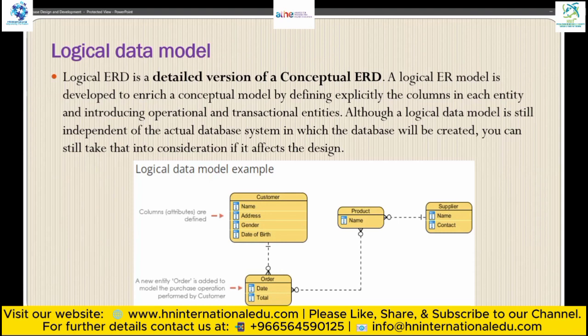Yeah, sure. Okay, logical ERD. It means you are going to design a conceptual ERD and transform the conceptual schema into a logical one.